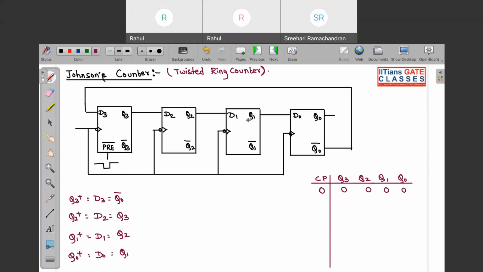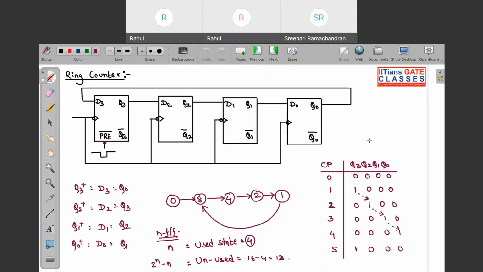Now sometimes they might give you some kind of random input initially, like 1 0 1 0. Instead of starting from this preset, they will tell you that this register has this state initially, and ask what the state will be after 5 clock pulses or 6 clock pulses. Such kinds of questions will be asked.